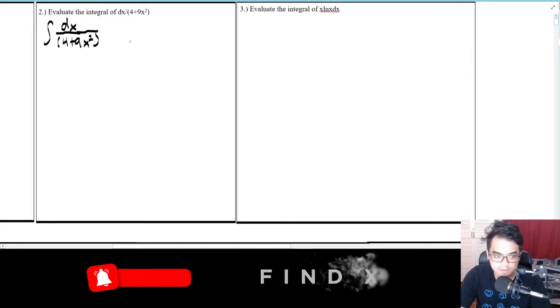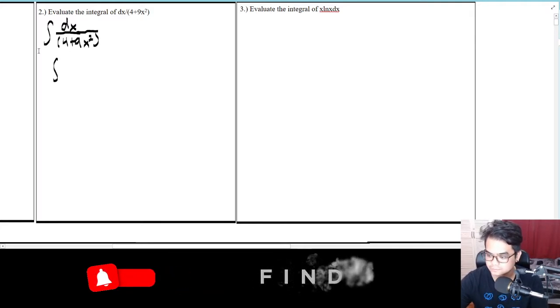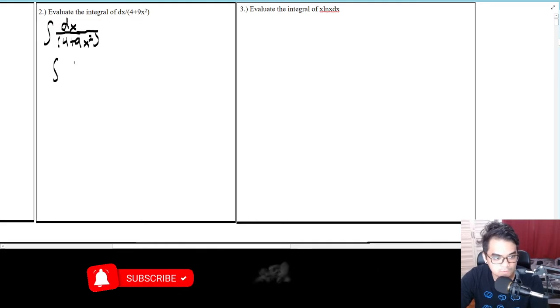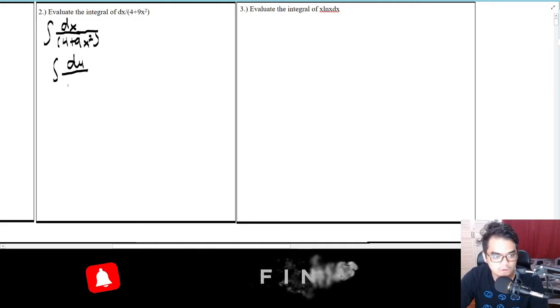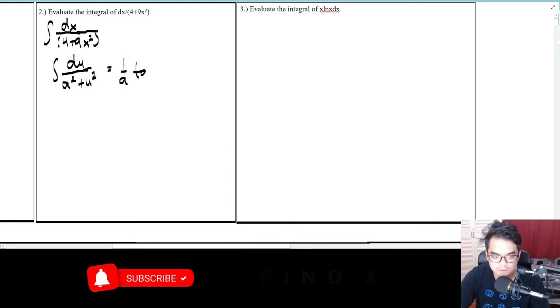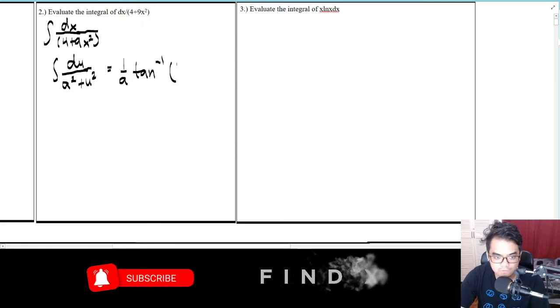Remember the formula: the integral of du over a squared plus u squared is equal to 1 over a, arctan of u over a, plus c.